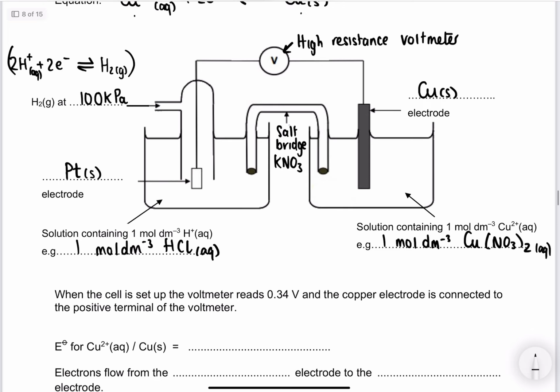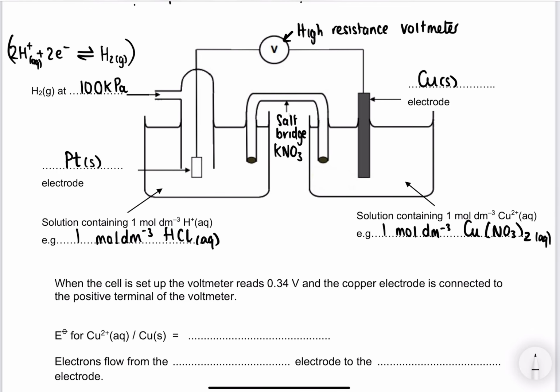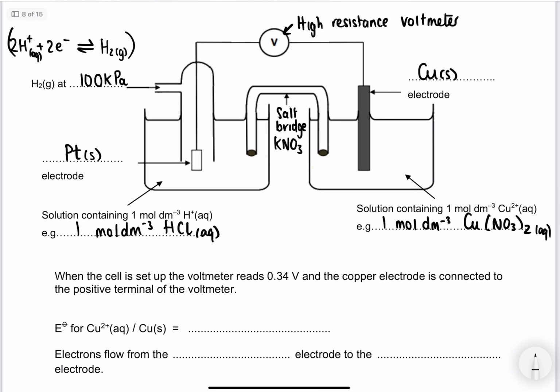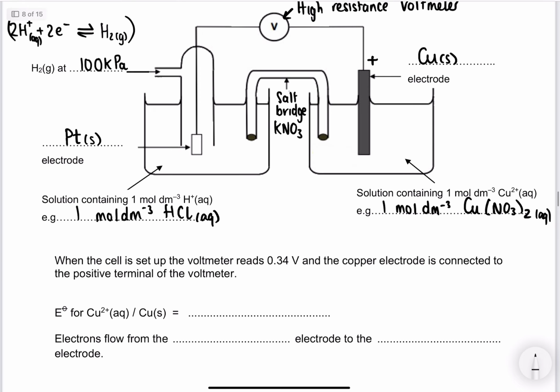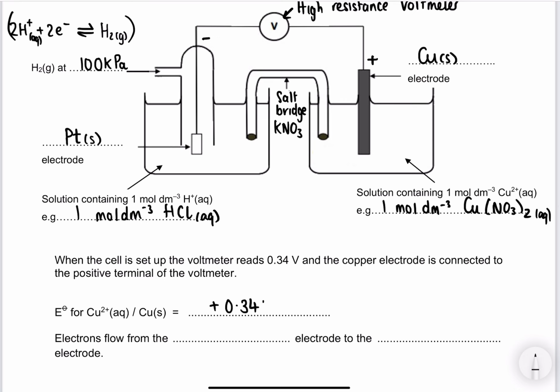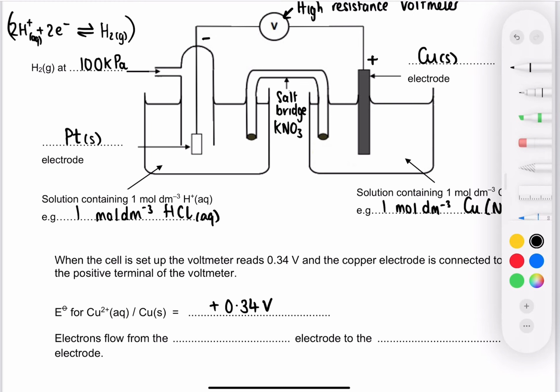So when this cell is set up like this, all arranged and connected, the voltmeter reads 0.34 volts, and we see that the copper electrode is attached to the positive terminal of the voltmeter. That means that the hydrogen must be attached to the negative, and the voltmeter was reading 0.34 volts. Because it was the positive terminal of the voltmeter, it was more positive, it gets a positive sign.